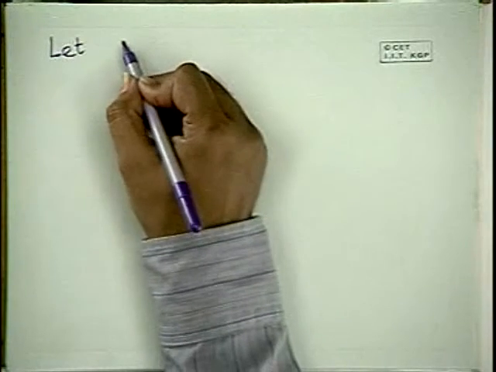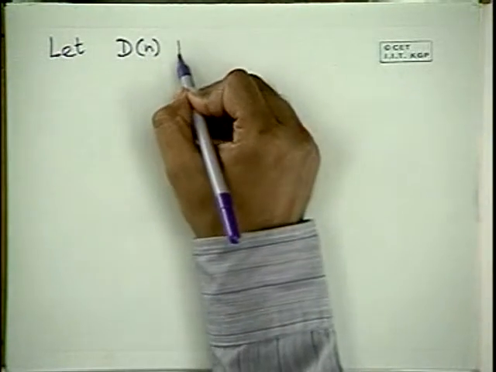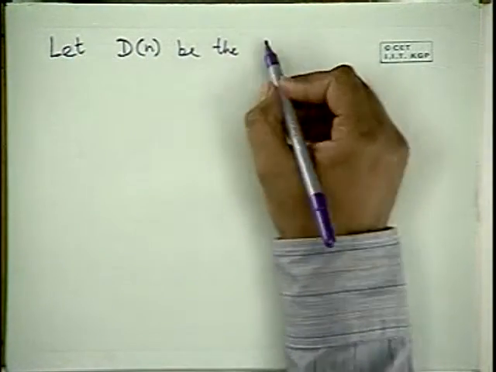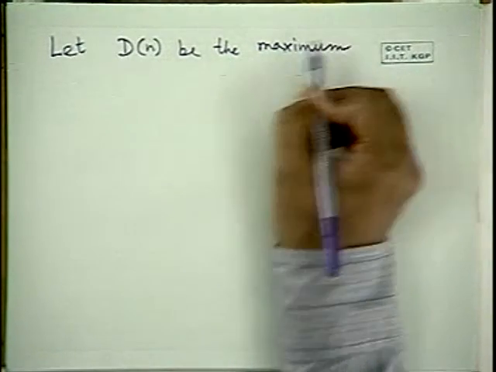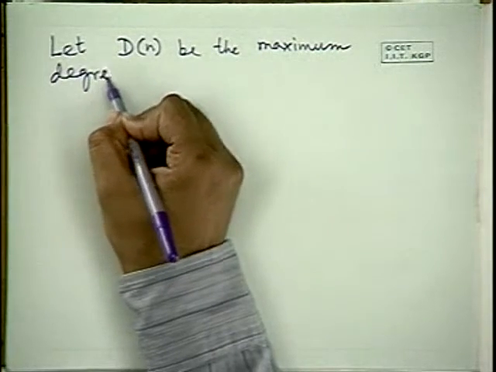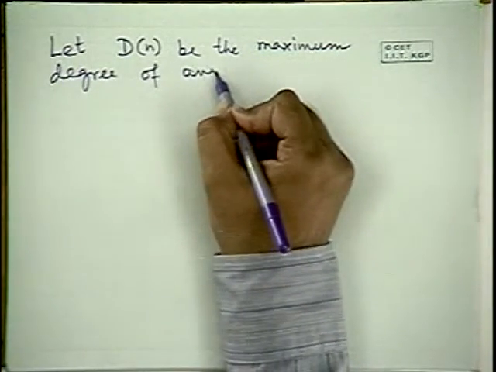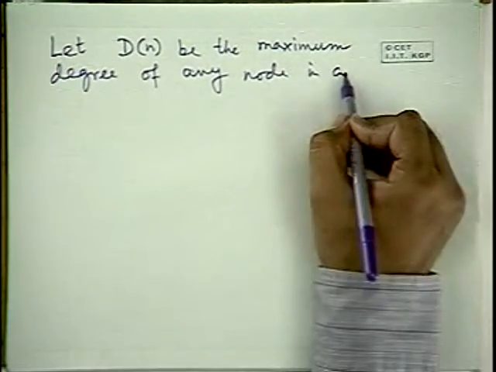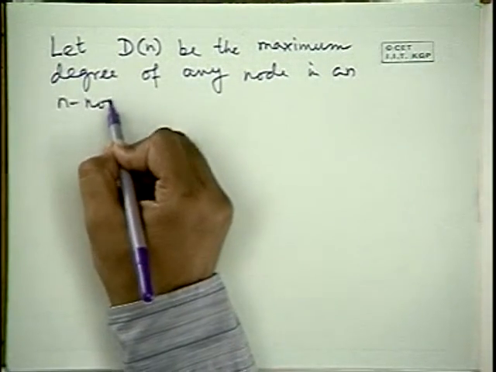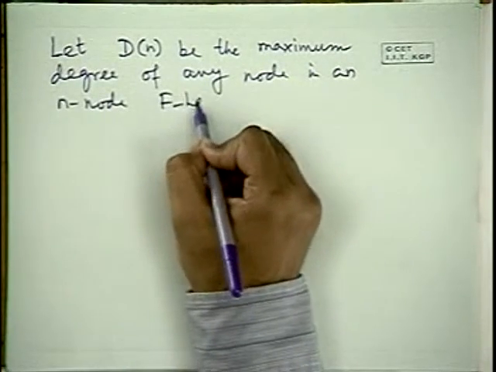Now let us see, after doing this, what is the cost of this entire operation. First, I assume let Dn be the maximum degree of any node in an n-node Fibonacci heap.